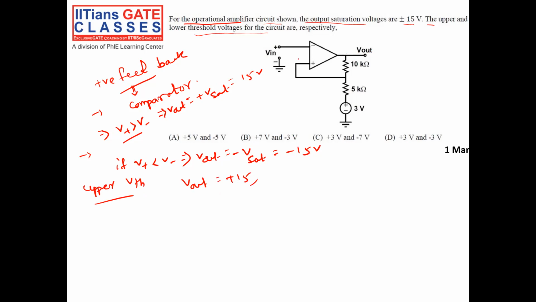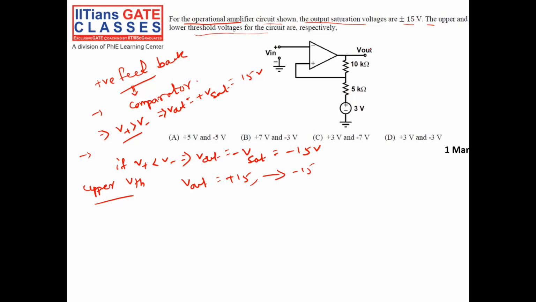Then what input will change my output from plus V sat to minus 15, that is, plus 15 to minus 15? Suppose presently my output is plus V sat, then at what input voltage will my output change from plus V sat to minus V sat? That is nothing but my upper threshold voltage.